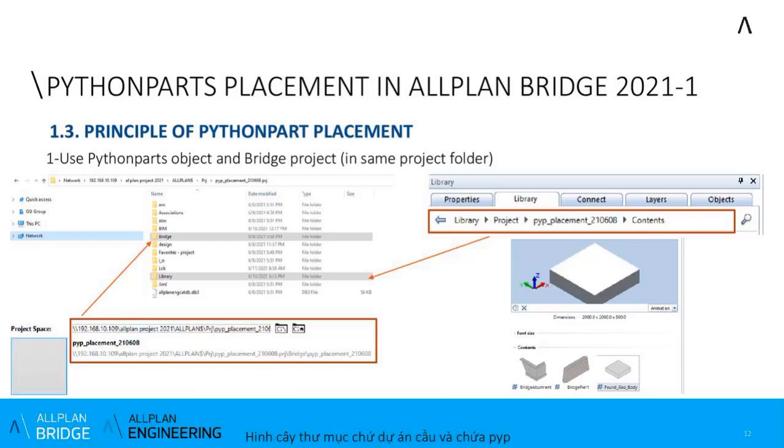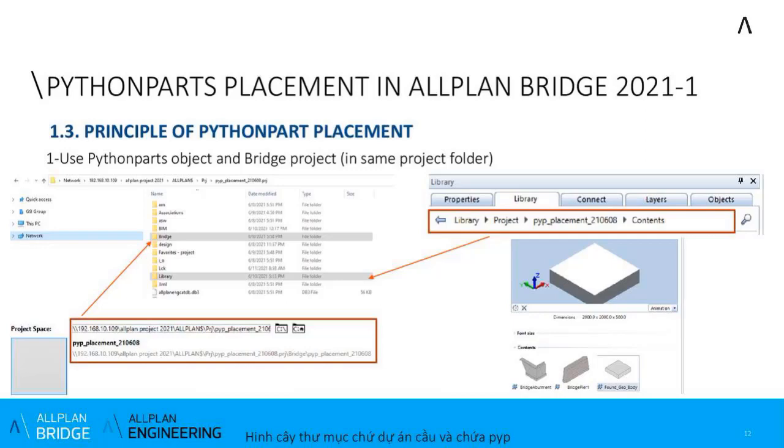Before, with pythonpart in Allplan Bridge, we only needed to open the Allplan Bridge project from anywhere, any folder. But if you want to use pythonpart placement, you have to store the bridge project in the Allplan project.